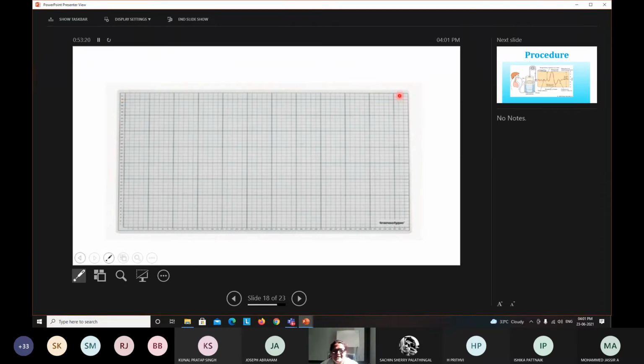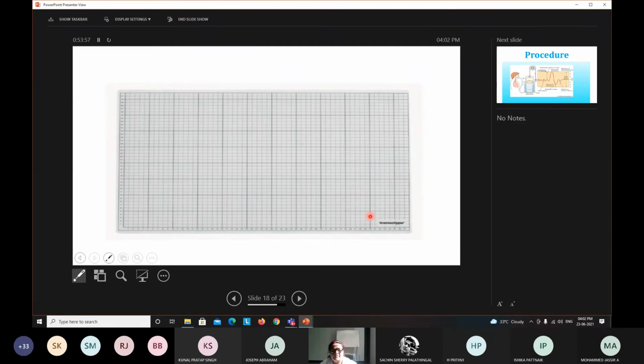So you can see the smaller divisions. There are darker lines and thin lines. So every fifth line is dark. Okay, each of these smaller squares, height wise I'm talking about, represents 100 ml of air. That means if it reaches up to one dark line, then it is 500 ml.